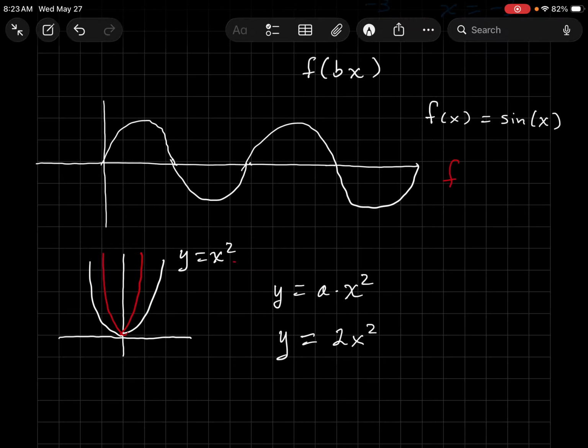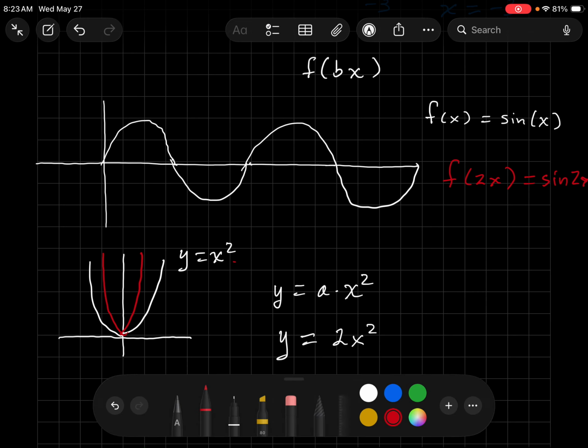So what if we do f of 2x? Now, you don't have to know or be familiar with the sine graph. That's really from if you've taken trig before, but really this is a good function to work with when we're trying to understand what's going on over here.